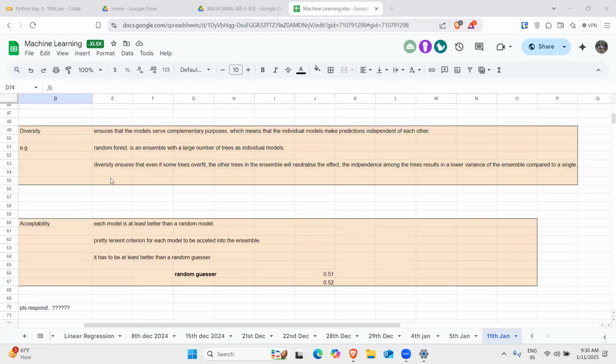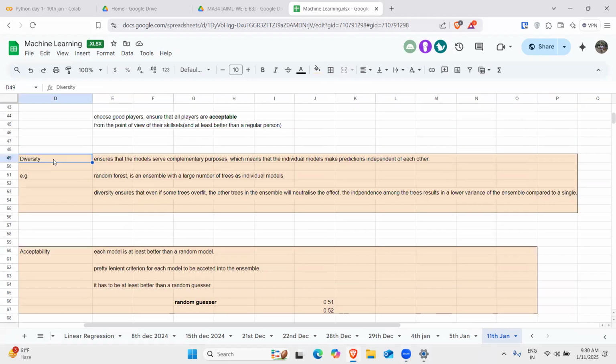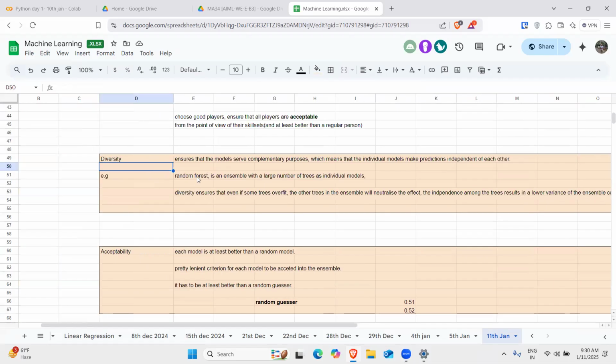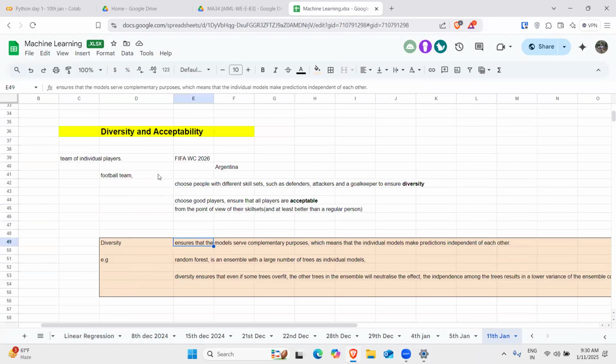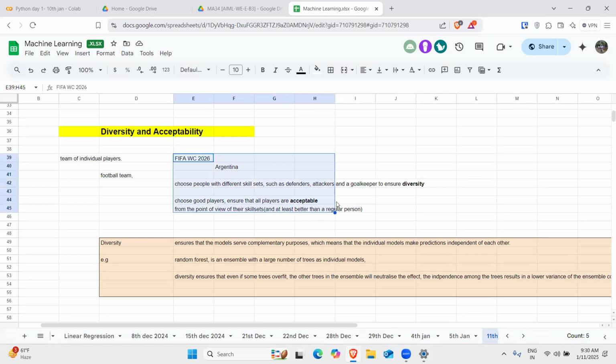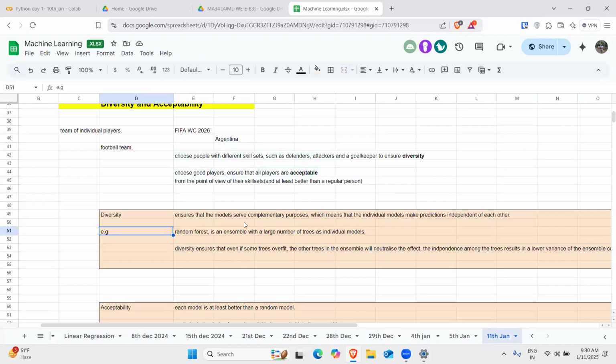Okay, it's very simple, right? What is difficult in this? Diversity means we are choosing people with different skill sets, such as defenders, attackers, and goalkeepers. That is diversity for this particular problem statement. In random forest, diversity means the models that you are selecting should be independent of each other.